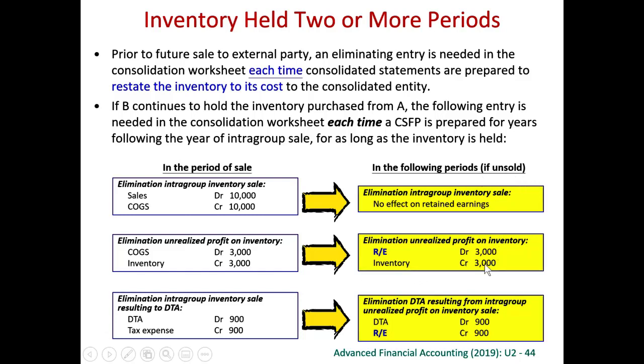So in your closing inventory, we still have to reduce it by 3,000. We also repeat the deferred tax implication. So we debit deferred tax asset, and last year it was tax expense, so this year we credit retained earnings. This is the journal entry to repeat what I have done last year as a consolidation accountant.